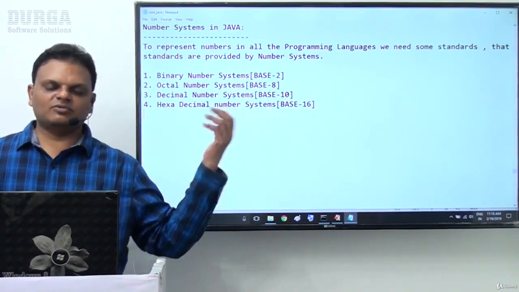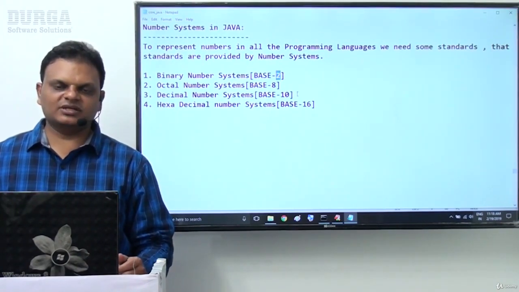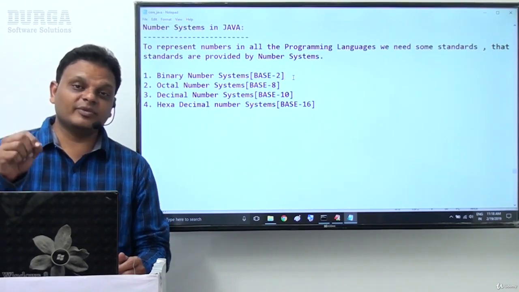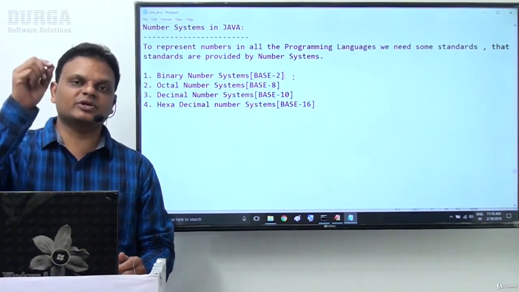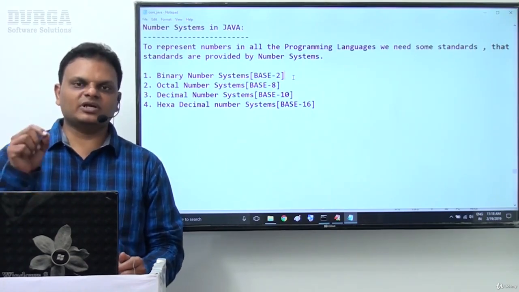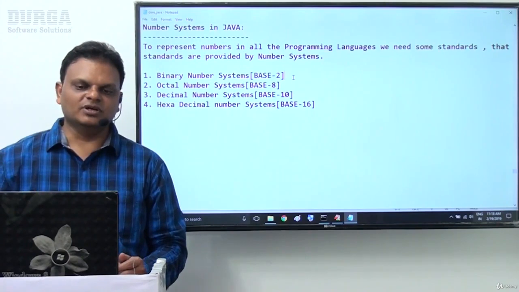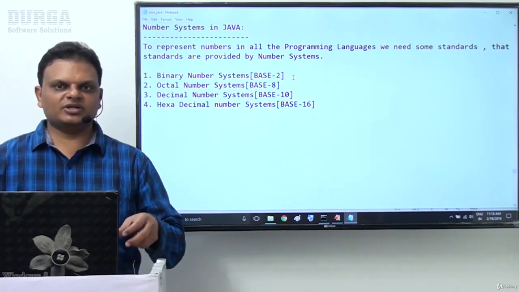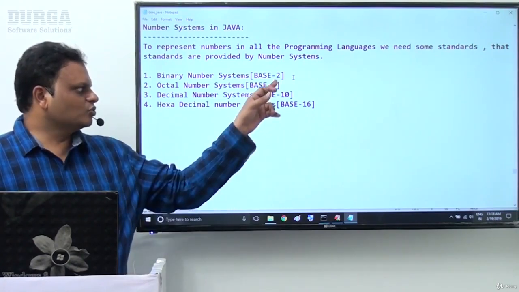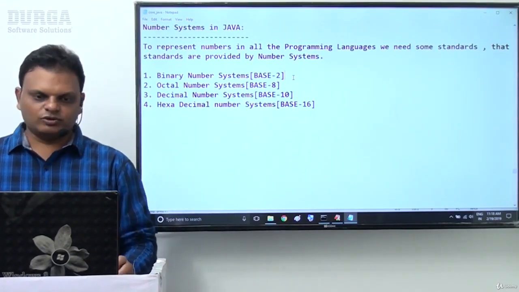What are these numbers? The base numbers 2, 8, 10 and 16 are the number of input alphabets allowed by the respective number system. Understand it clearly now? So here 2, 8, 10 and 16 are the number of input alphabets.